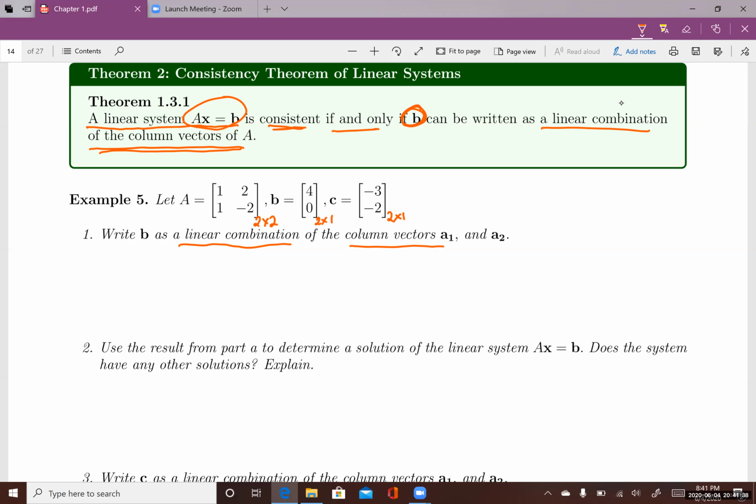So if A is this matrix, then the column vector A1 equals 1, 1, and A2 equals 2, negative 2.